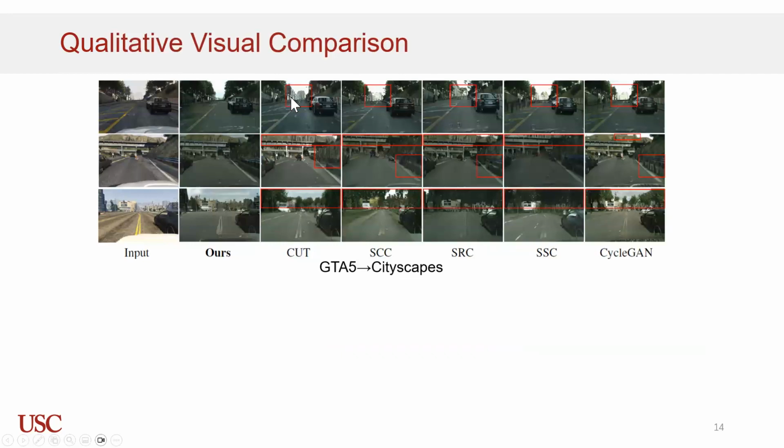And then I also show some qualitative visual comparison of our method and other methods. On this GTA5 to Cityscapes dataset, we can see, as shown in the red bounding boxes, there are many artifacts and semantic distortions in other methods, but our method reduces the semantic distortion, has fewer artifacts, and has the best visual performance.